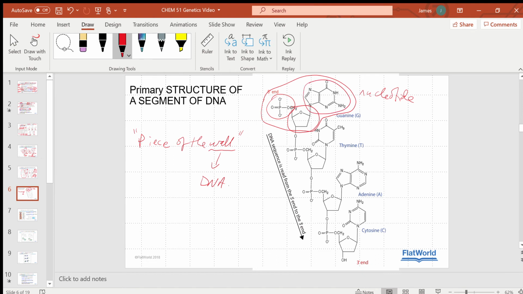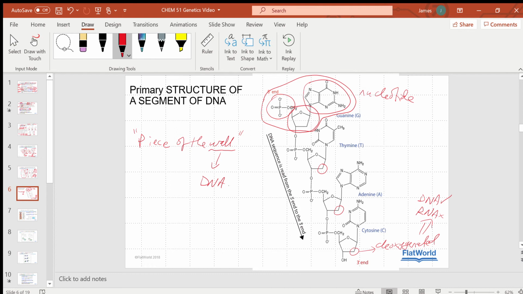We also can see that the 2' carbon of the ribose sugar is deoxygenated. And that's what tells us it's DNA and it's not RNA. If it were RNA, it would have an oxygen there.